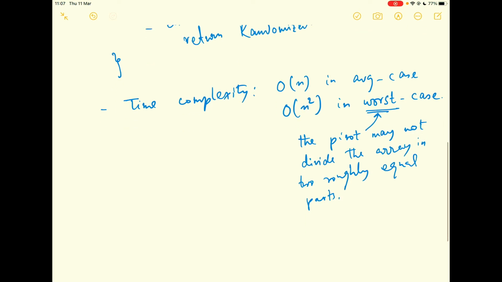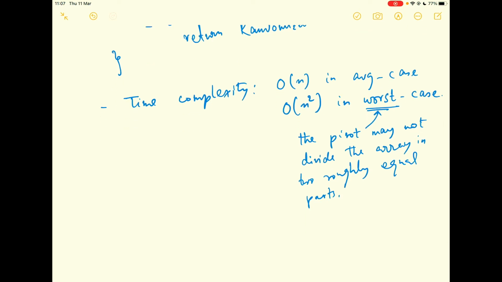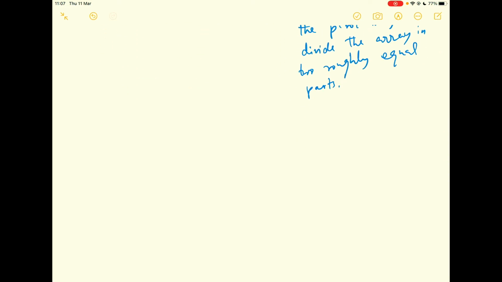Okay, now the whole idea of the algorithm which achieves order n running time in the worst case is to pick the pivot intelligently.